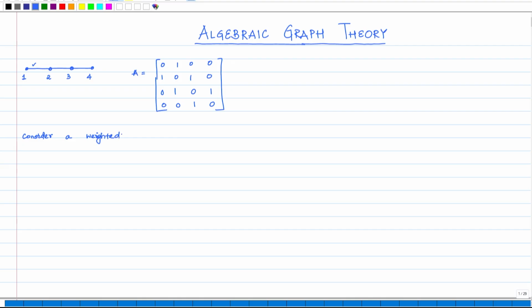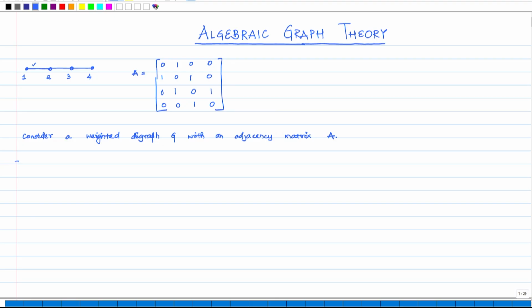Let us consider a weighted digraph G with an adjacency matrix A. So, what are the properties that A always satisfies?